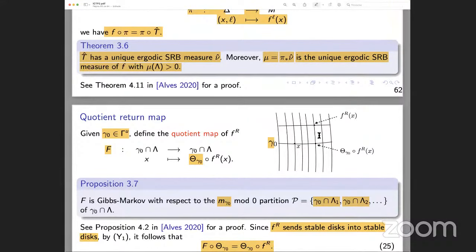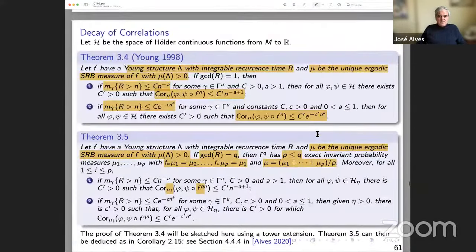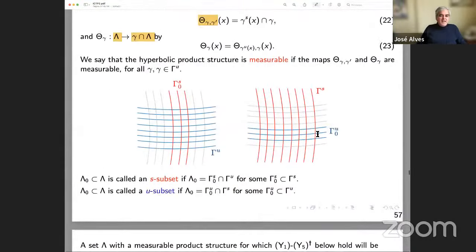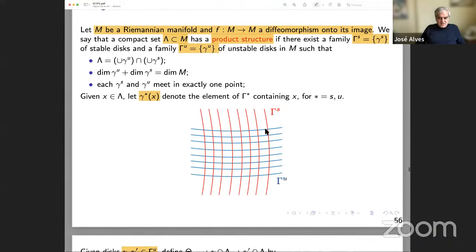Yes, but the stable leaf through it necessarily passes through gamma zero. The picture is exactly this one. Lambda is the intersection points here, a full product. So it's global in this local structure? Yes.